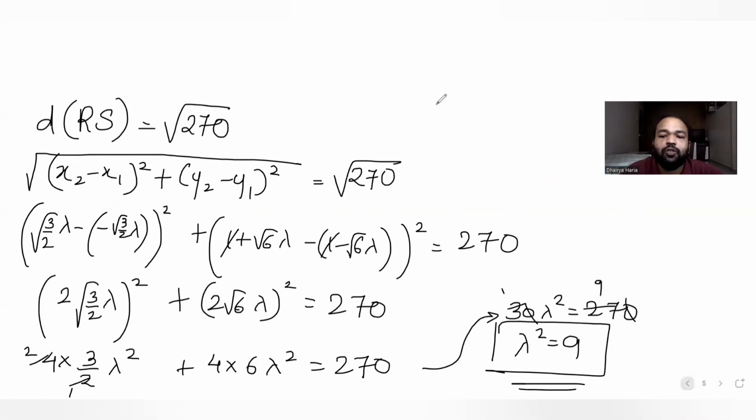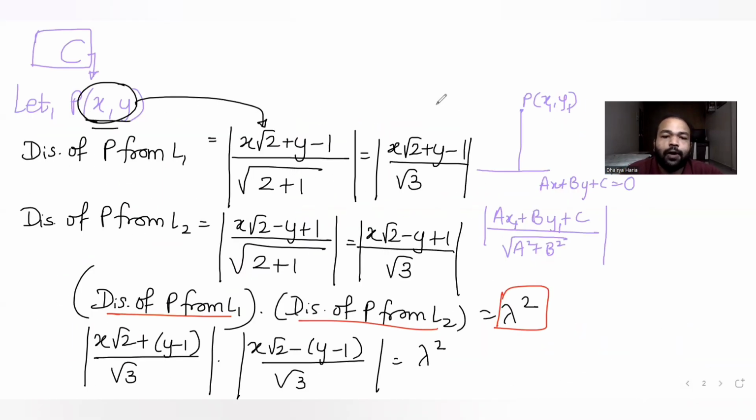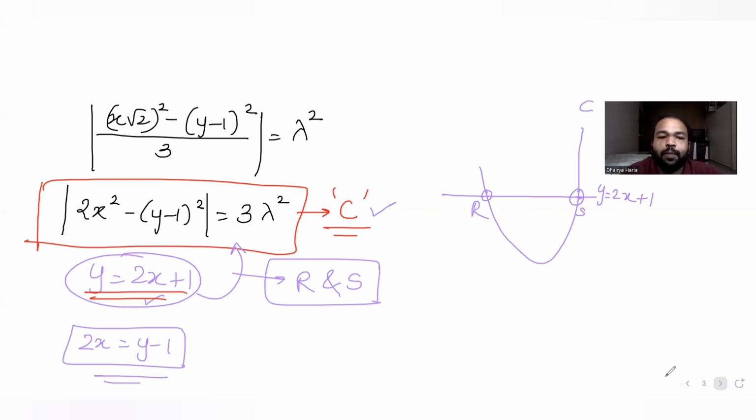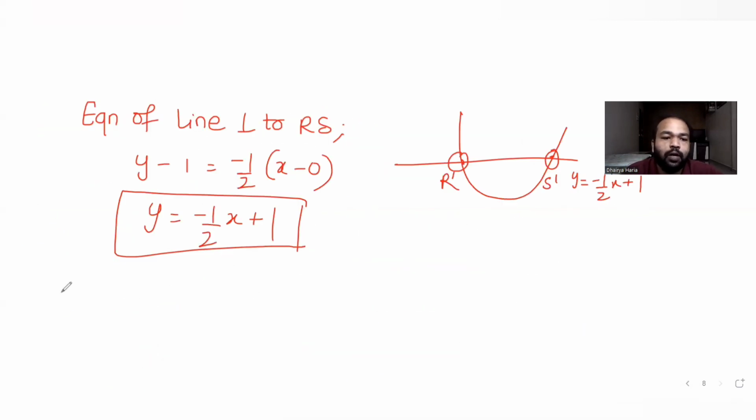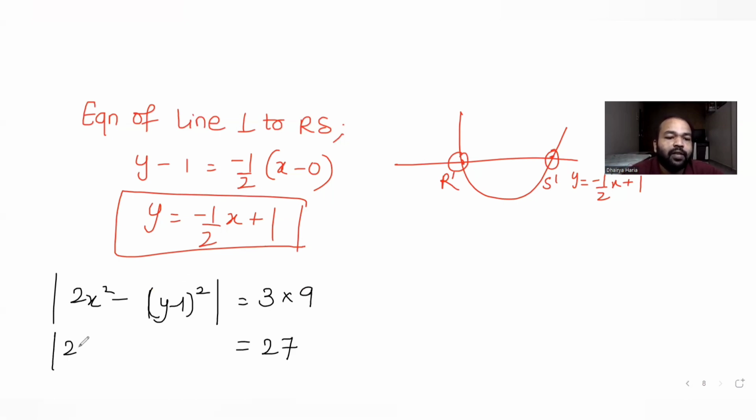The equation of curve C was known to me already: mod of 2x square minus y minus 1 the whole square in mod is equal to 3 lambda square. We already know the value of lambda square, that is 9. So just substitute that, and the equation of the curve becomes equal to 27. So this is the equation of curve C.